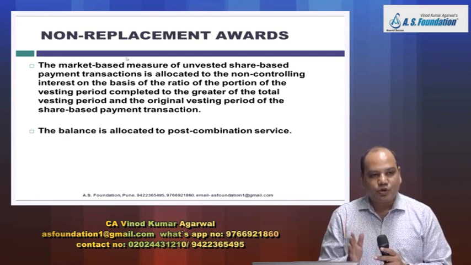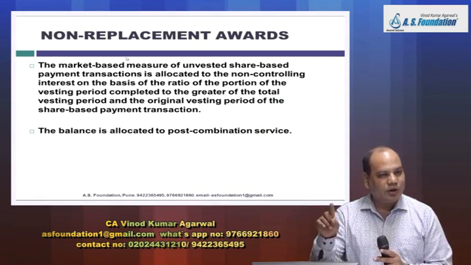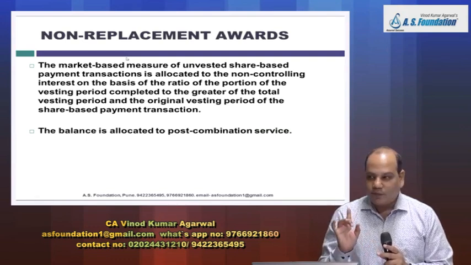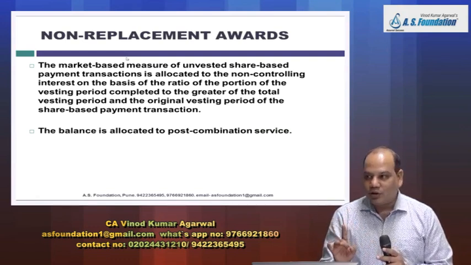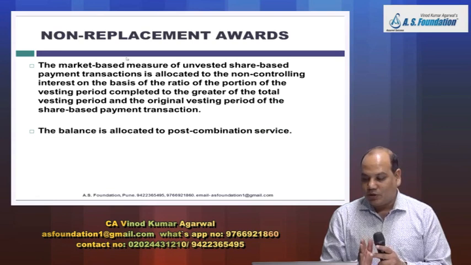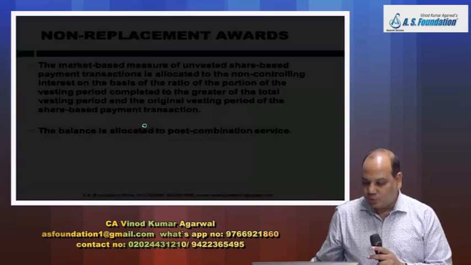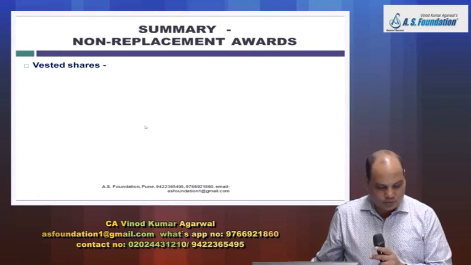Unvested will be proportionately allocated to NCI. That proportion will be calculated using the same formula: fair value of original award on acquisition date into number of years complete upon the higher of the two, total vesting period or original vesting period. The balance is allocated to post combination service.